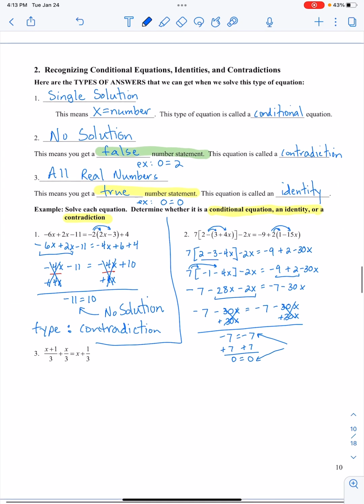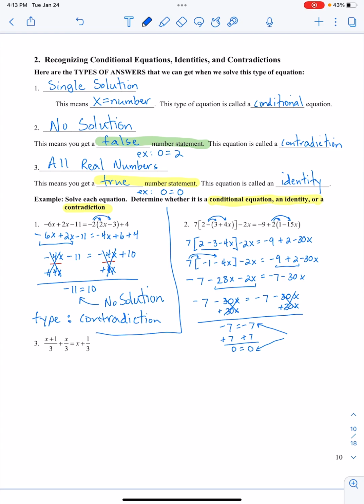So if we go back to our definitions at the top of the page, we can see that this applies as number 3, and our answer is all real numbers, because 0 equals 0 or negative 7 equals negative 7 is a true number statement. The type of equation is called an identity.